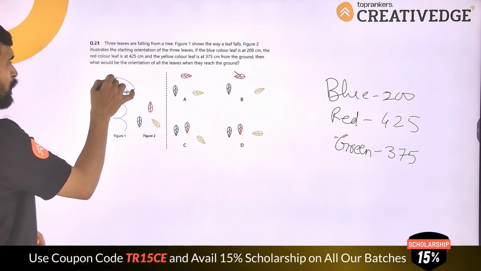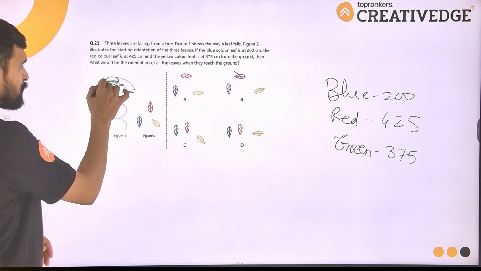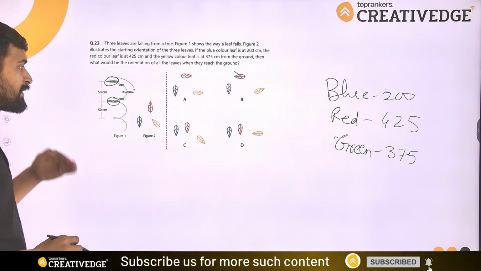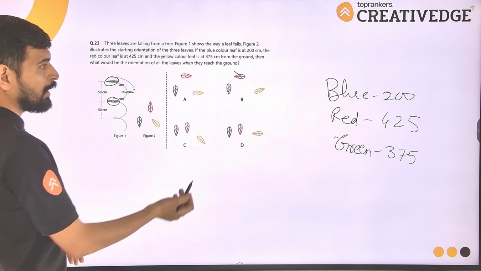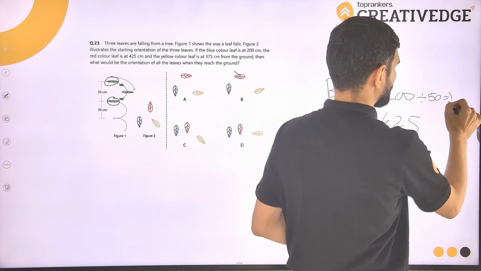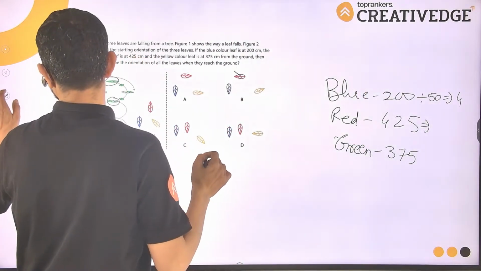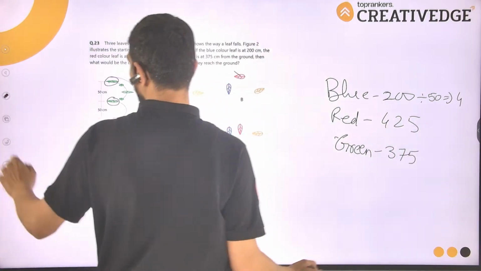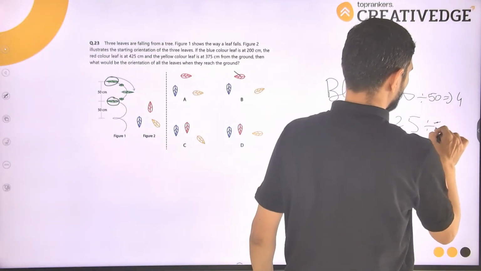So if we follow the pattern, after a complete circle, after a distance of 50, the leaf comes back to the original orientation. So after every 50, the leaf will come back to its original orientation. So based on that, we have to divide all these numbers by 50. So this will give you an integer, 4. When you divide 425 by 50, you will have 16.5.